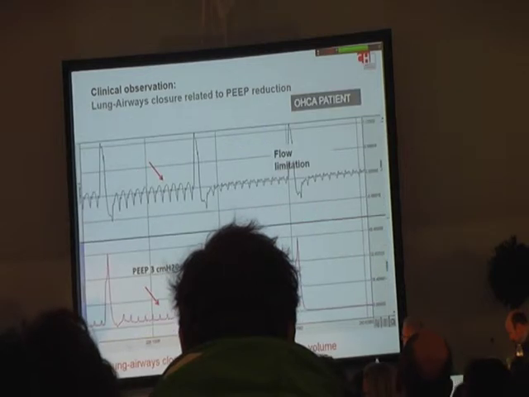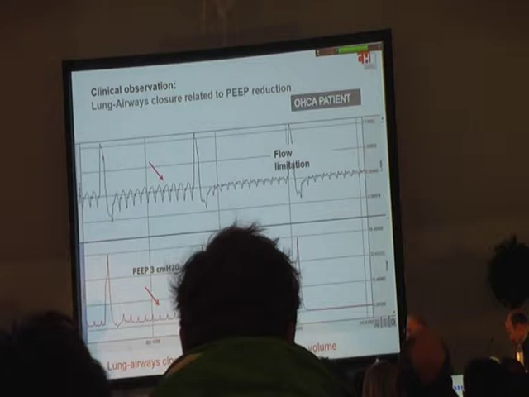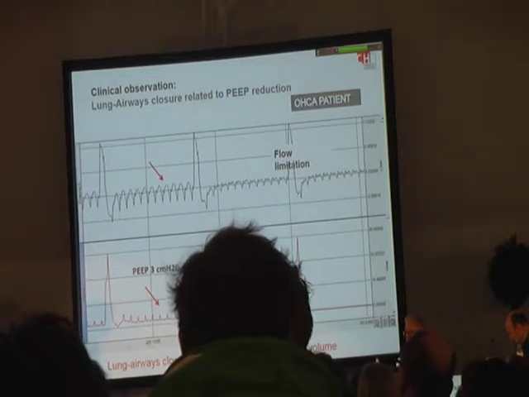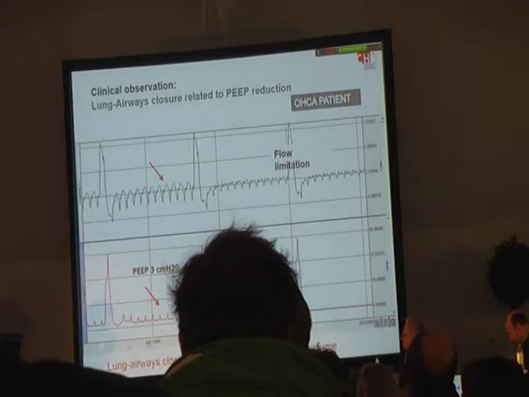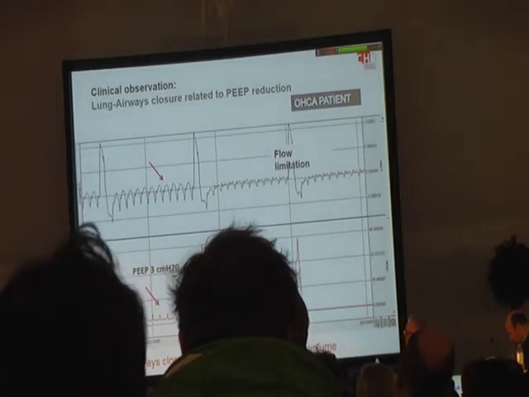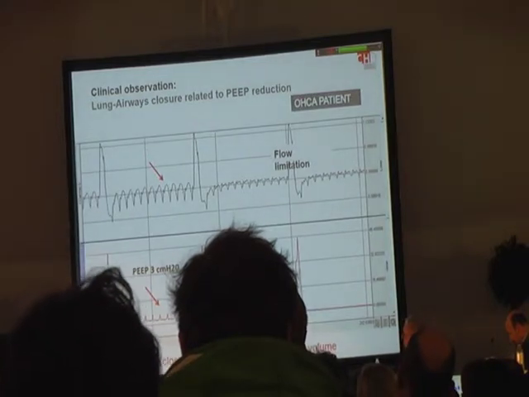The second observation, represented in this other tracing from an out-of-hospital cardiac arrest patient, is the behavior of what I call lung airway closure during resuscitation. Because of the low lung volume during resuscitation, the airway diameter is very reduced.